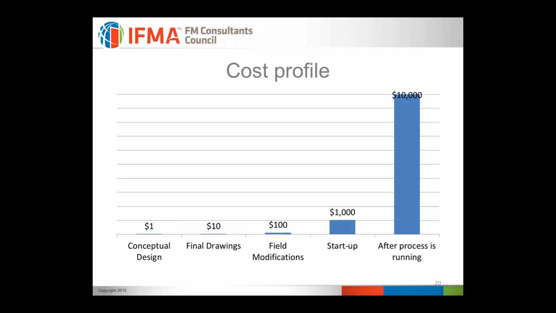It's actually even worse than that, because typically that $10,000 won't really buy you the same level of safety. For example, if there was a motor on the top of a piece of equipment that you knew had to get maintained, if during conceptual design you could have somehow relocated that motor to bring it down to floor level, well, after everything is up and running, the odds of you being able to relocate it just from a production standpoint are pretty slim.